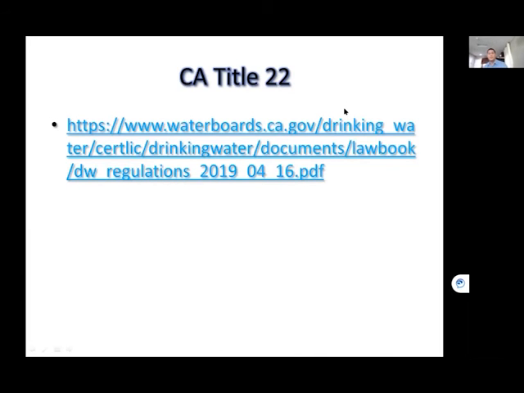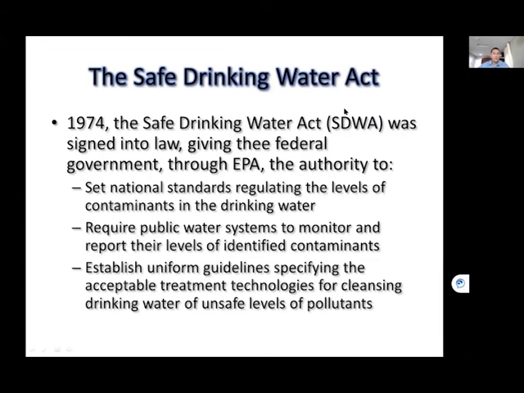California Title 22, and moving over to the regulation side, is a good source. This is where you should go to see the most up-to-date information about California water laws. The Safe Drinking Water Act in 1974 really drove a lot of the regulation.